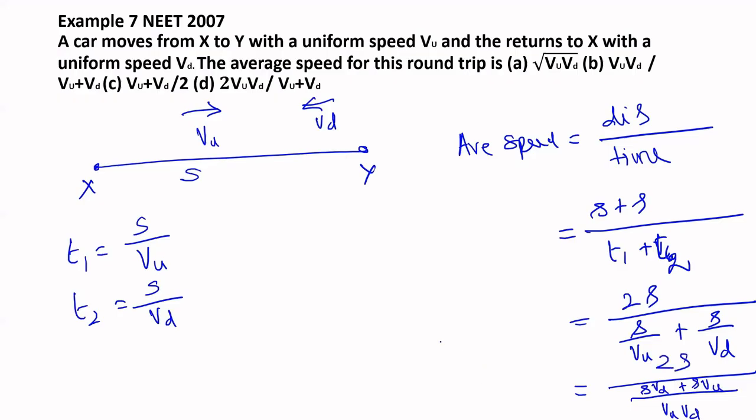Taking S outside, VD plus VU. The S gets cancelled. Average speed is 2 VD VU divided by VD plus VU. D is the answer.